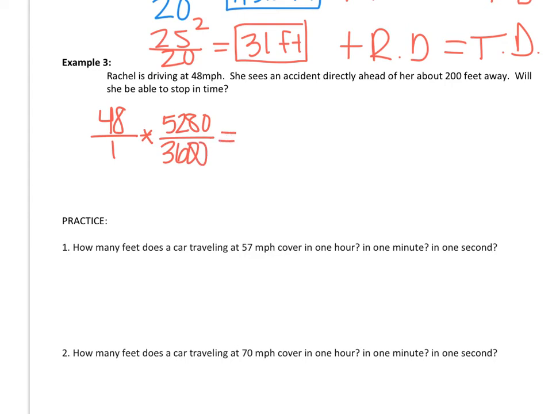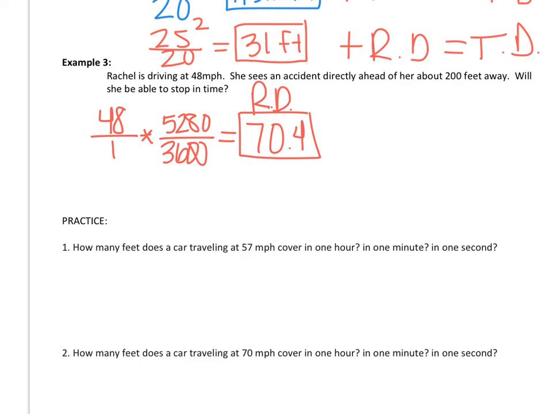So what that is, do 48, and I know we already did this, but it's on a different page. So 48 times 5,280 and divide by 3,600. And so this is the reaction, 70.4. That's just the reaction distance, so we call RD.